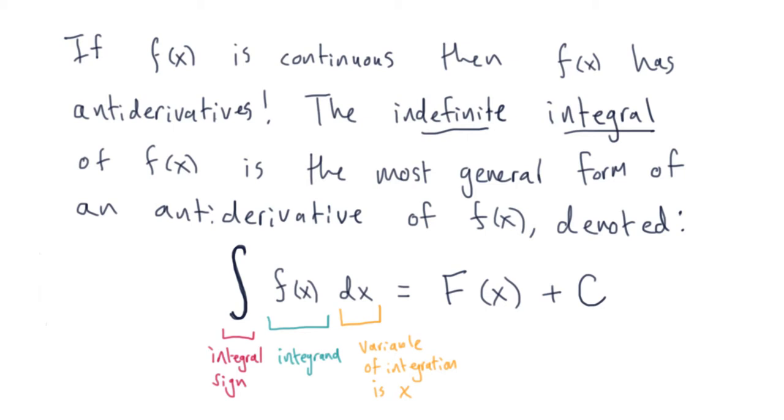But the point is, all of this is equal to f of x plus c, where this f of x is any antiderivative of f. And then finally, the plus c is an arbitrary constant.